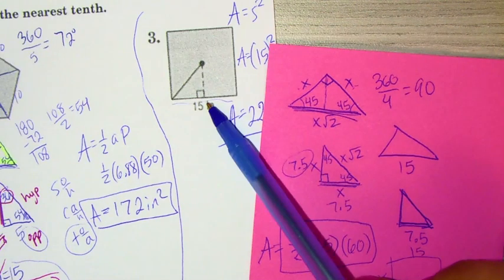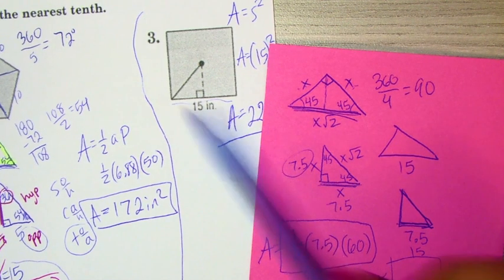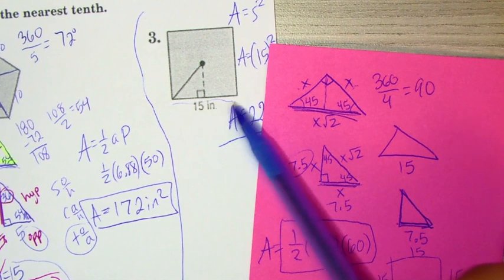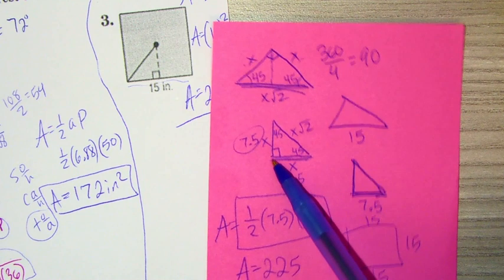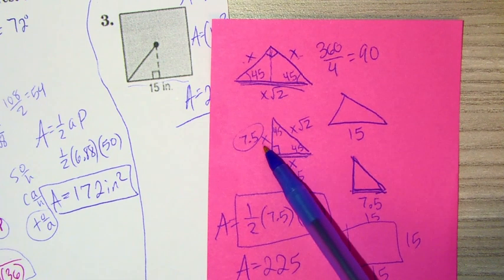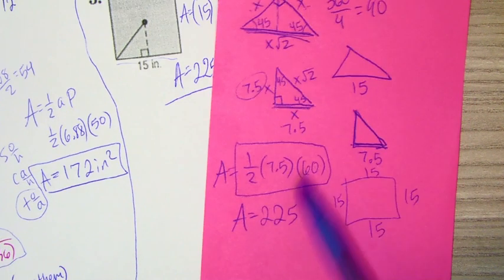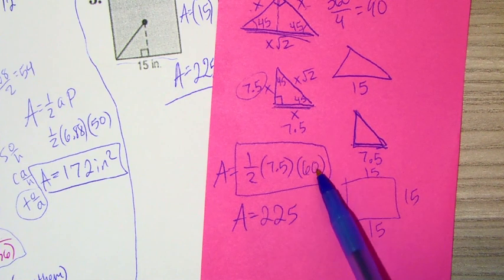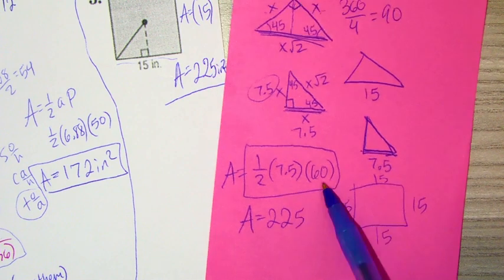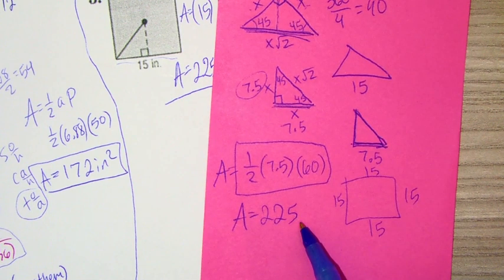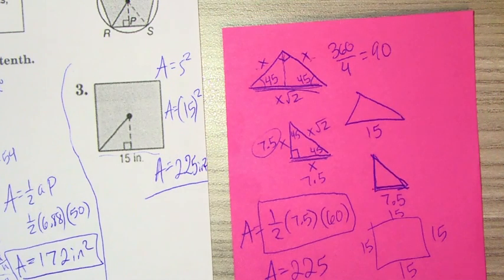Based on this 15, the whole thing, half of it will be 7.5. So 7.5 right there and 7.5 right there. So the apothem is 7.5. With that, we apply the perimeter, which is 15, 15, 15 all the way. So that's 60. And then we typed it in and it came out to 225. So we got the same answer. You just got to pick which route you want to do.